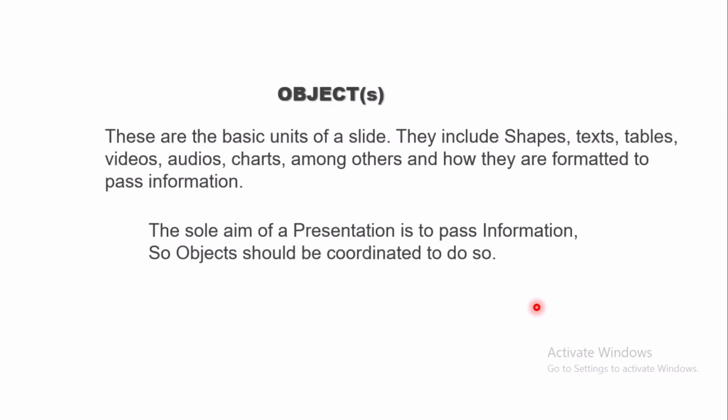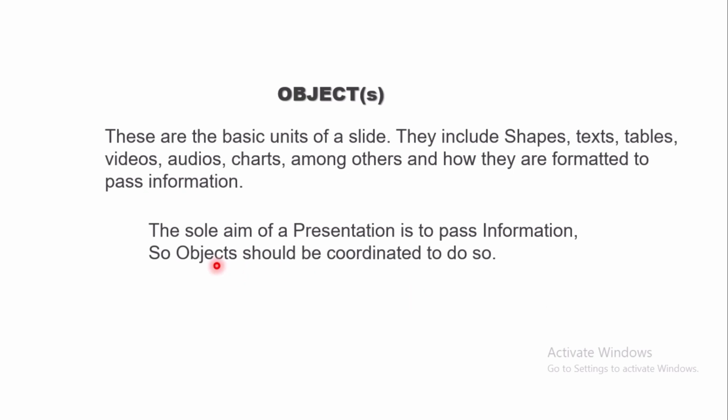So an understanding of objects is an understanding of presentation, since they are the basic units of a slide. As I said, they include shapes, text, tables, videos, audios, among others, and how they are formatted to pass information.